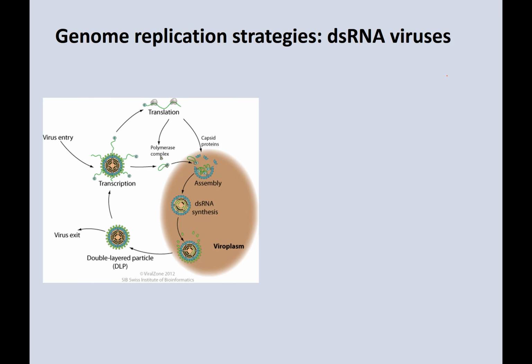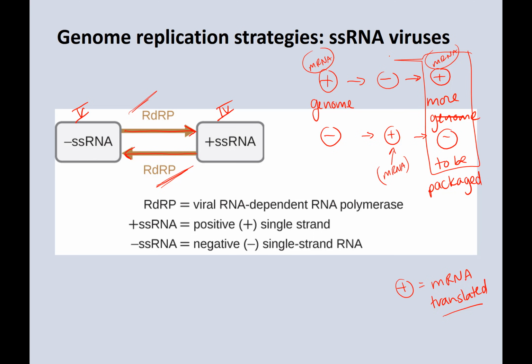All right, of course we get some weird ones, double-stranded RNA viruses, and we talked about in class how double-stranded RNA can trigger an interferon response and basically trigger your immune system to kill that virus-infected cell. So all RNA viruses have to deal with this issue. These guys deal with it by making replication happen within membrane vesicles.